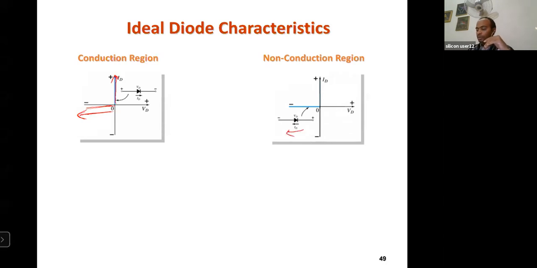So look here, for any voltage on the negative side, or when the diode is reverse biased, only the reverse saturation current will be there, whose direction is opposite. In this figure you can see ID direction is given towards left, but in the conducting region, in the left side image, look at the direction of ID. ID is towards right.